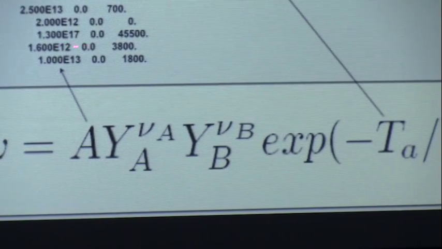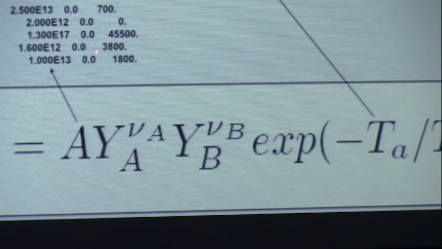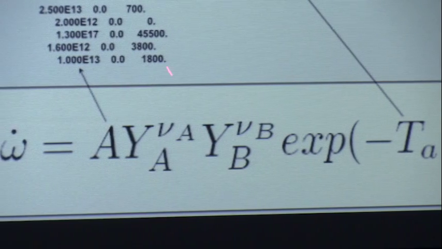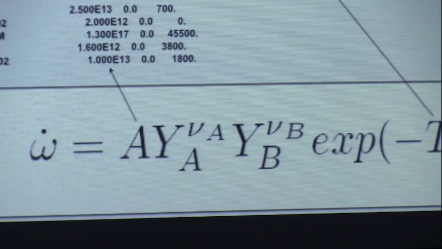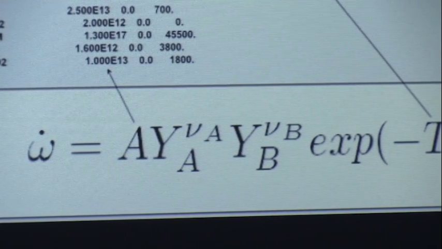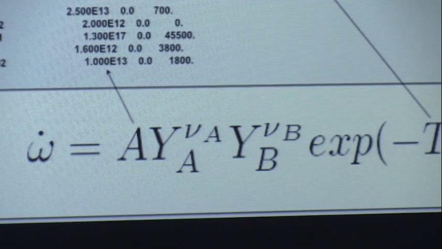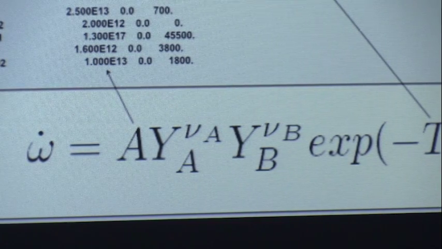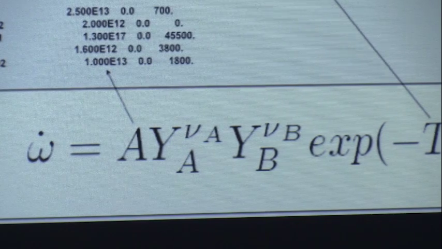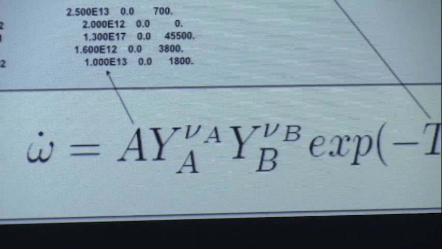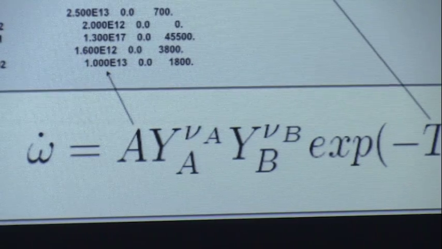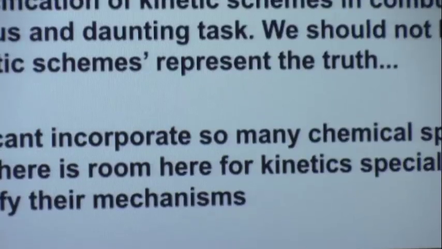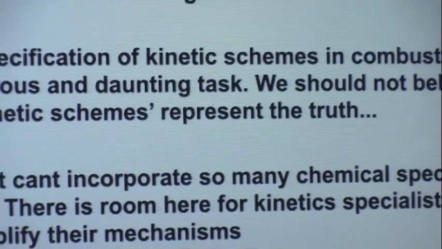Here you got the pre-exponential constant, the activation temperature, and here you have the temperature exponent in the second line, second column. The problem is those files that you can have the data, but you cannot use it for most cases. Hydrogen is an exception, which is because it's so simple. But if you go to real flames, in practice, you need so many reactions that it's almost impossible to do.